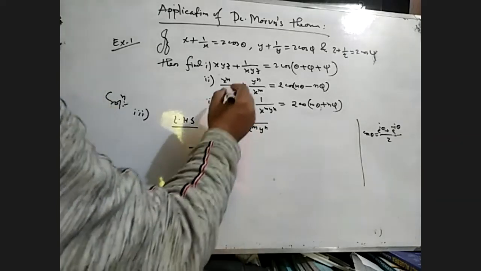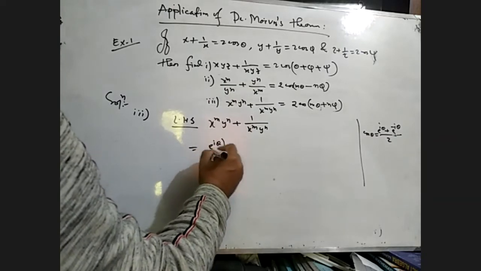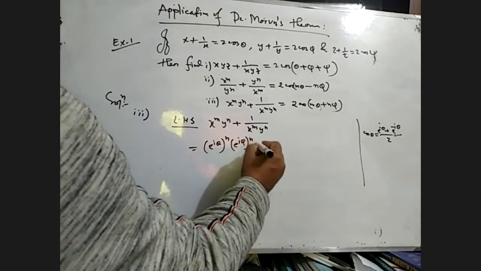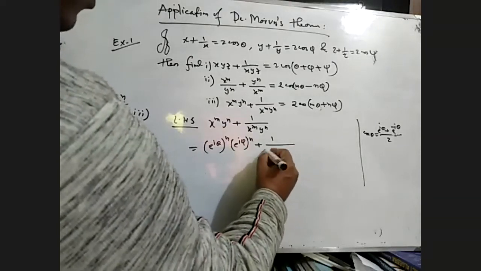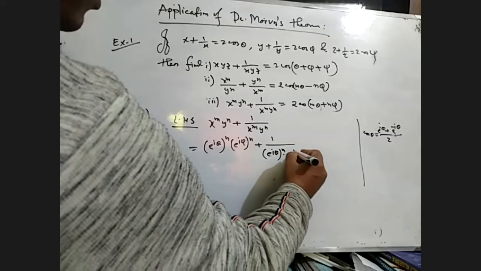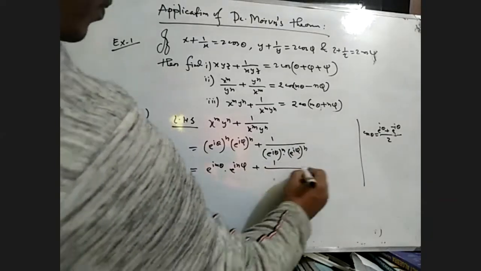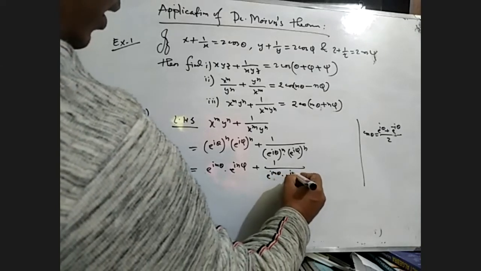X to the power m means x equals what? x equals e to the power i theta, whole to the power m, y equals e to the power i pi, whole to the power n. This gives i m theta and i n pi.